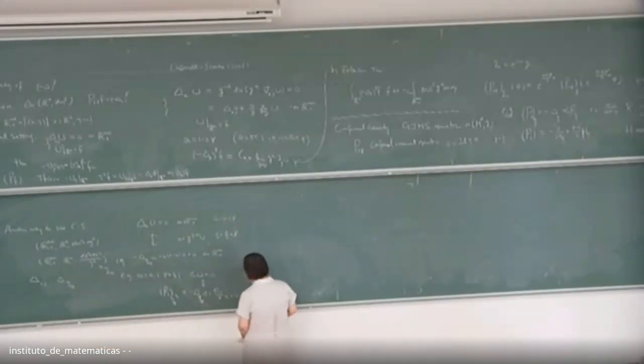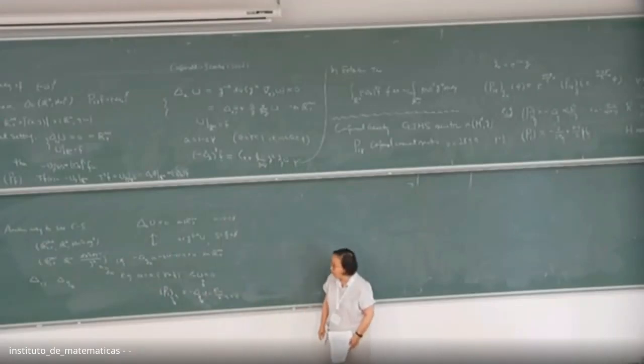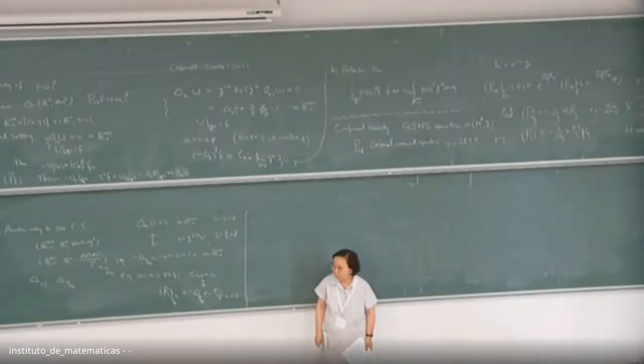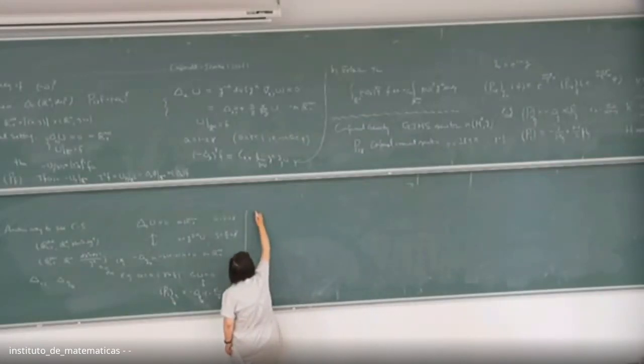And what's the scalar curvature of this hyperbolic metric g? What's the advantage of doing so? That reminds us that in the meanwhile there is a paper by Graham and Zworski.